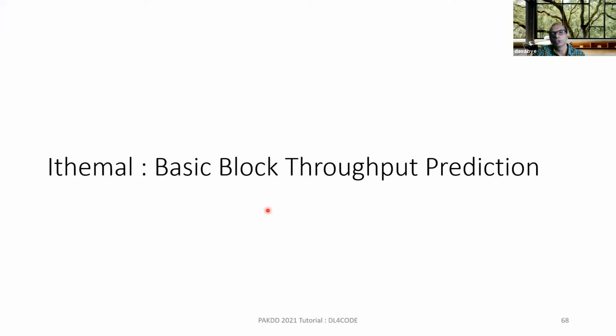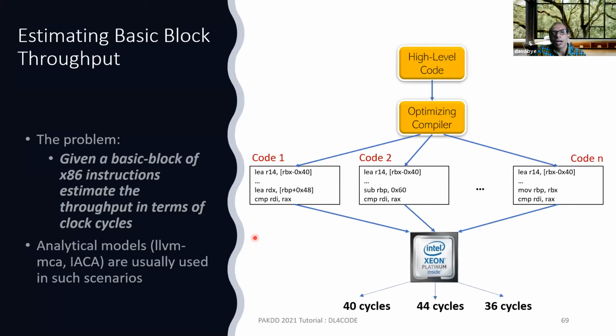Now I'll switch gears a bit and look into a slightly different optimization from the back end, mainly from the assembly language perspective. This work was called Ithemal, and it is mainly for basic block throughput prediction. For folks who are familiar with x86, this is the kind of x86 code you may have.